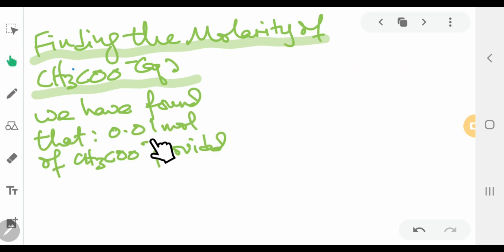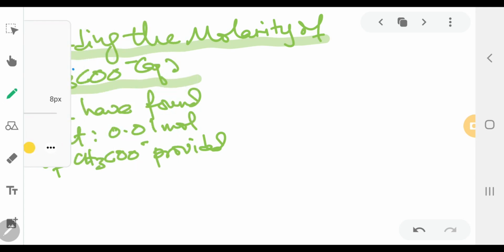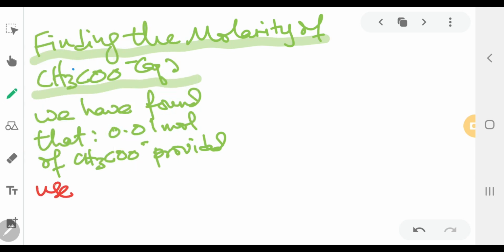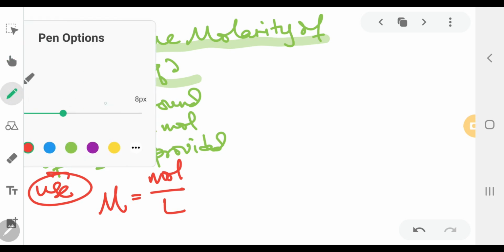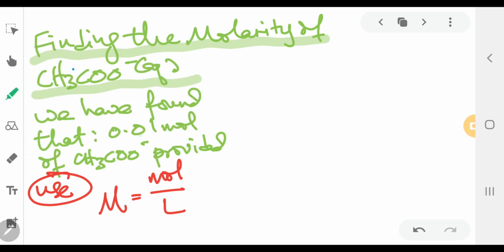So to change this into molarity, we're going to use the formula molarity equals to mole over liter. Okay, we have the mole right there, so we can plug that into here.